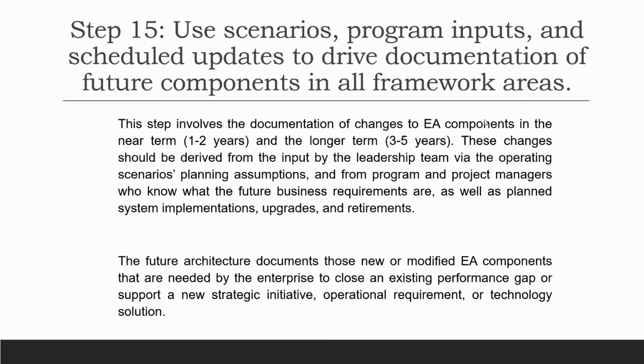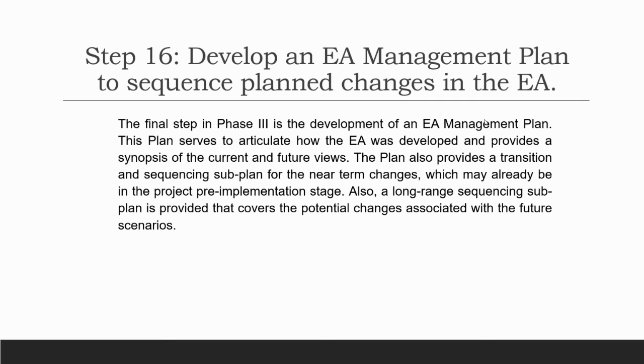Now, the future architecture document outlines the new or changed EA components required by the company to bridge a performance gap or support a new strategic initiative, operational necessity, or technological solution.